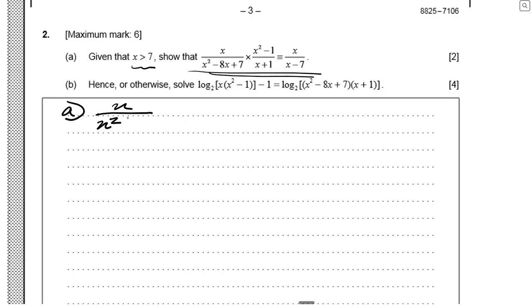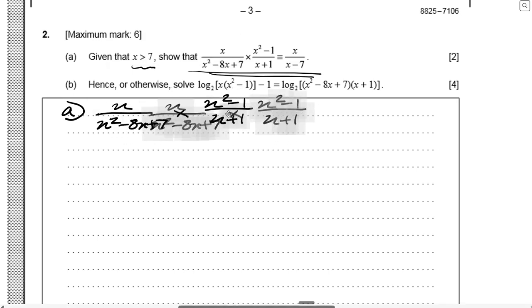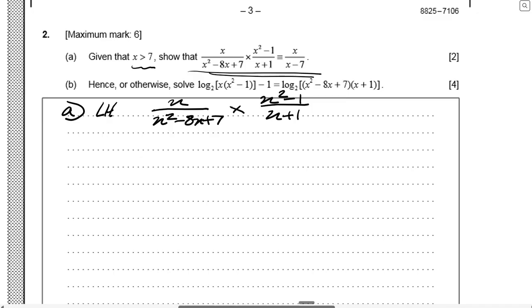So let's write this down, and show that means the LHS is equal to the RHS, and let's factor these.